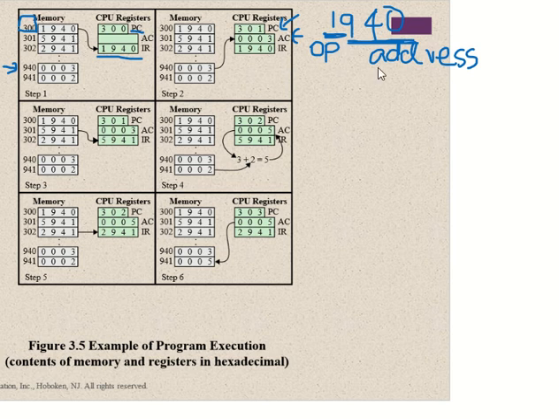I am currently executing the instruction at address 300, which is 1940. Where am I keeping the instruction? In IR. While I am executing that instruction, remember PC is automatically incremented by the CPU.